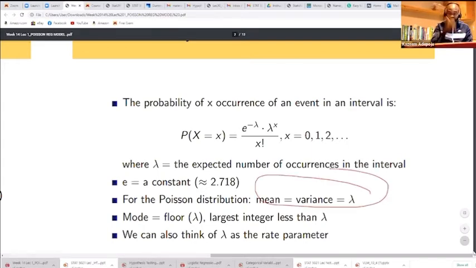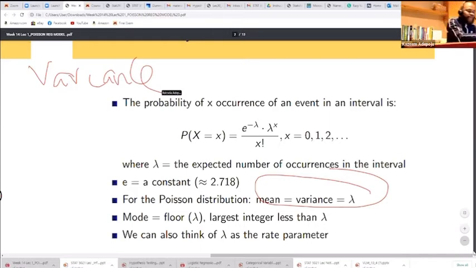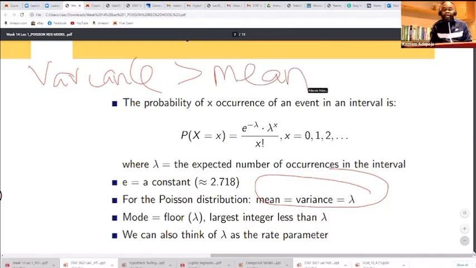Now, let me tell you this. We could have a situation whereby the variance exceeds the mean. If you're talking about count data and the variance of the count data is greater than the mean, then in that situation, we can no longer use Poisson regression.